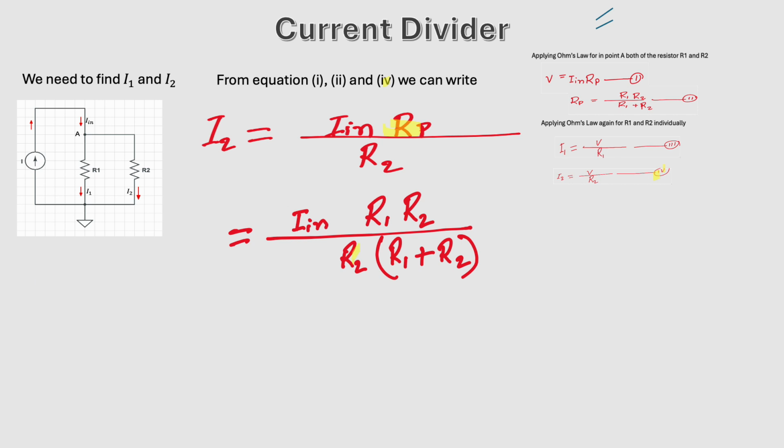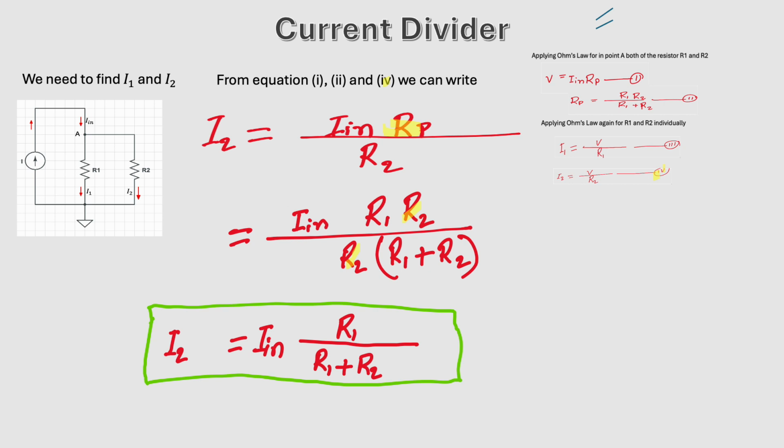We can cancel out R2 and R2, and then we get the final equation for I2, which is I2 is equal to I in times R1 divided by R1 plus R2. That's the final equation for I2.